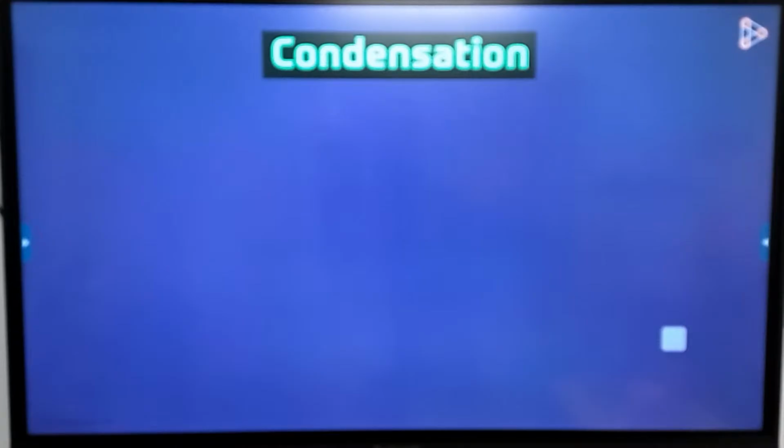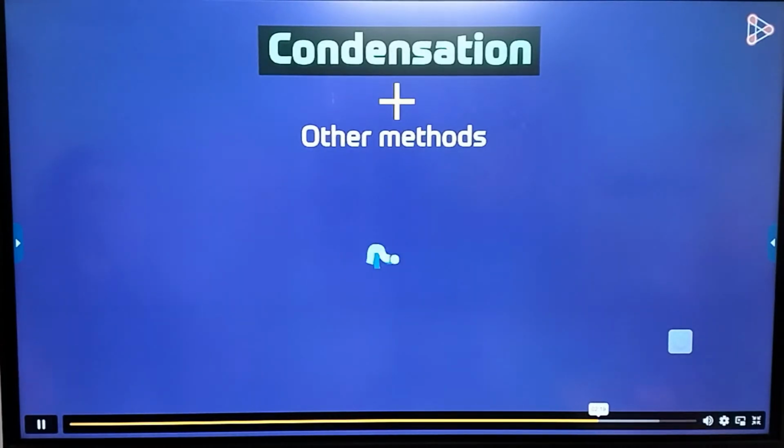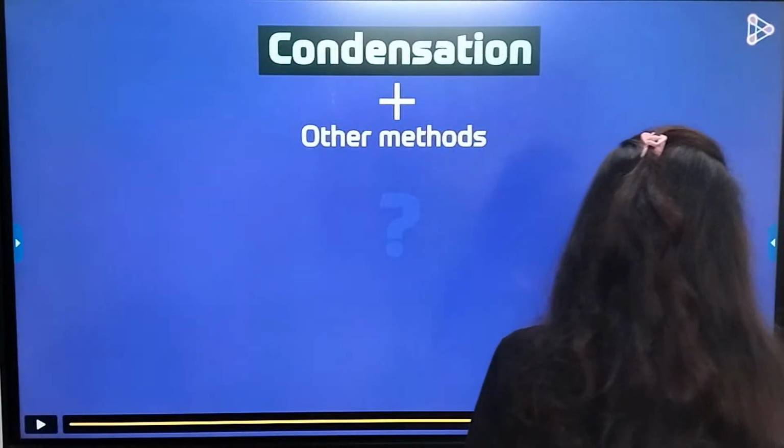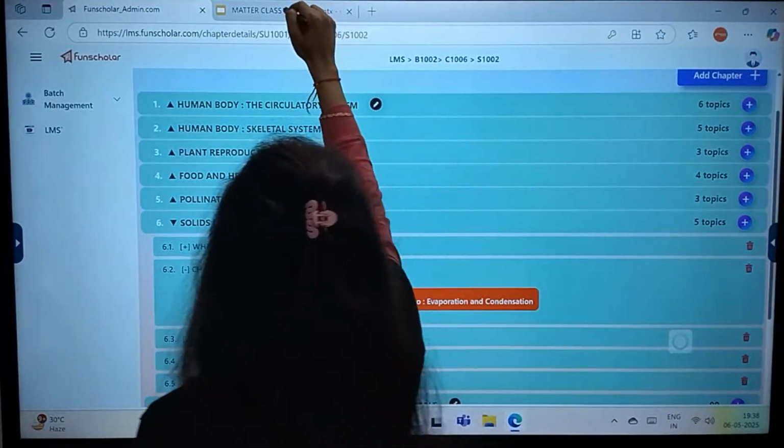But how can condensation be useful in separating substances? It is used in combination with other methods for separation. Does that mean there are multiple ways of separating substances? Okay, so you needed up to this only in this video. Now back to your slide.